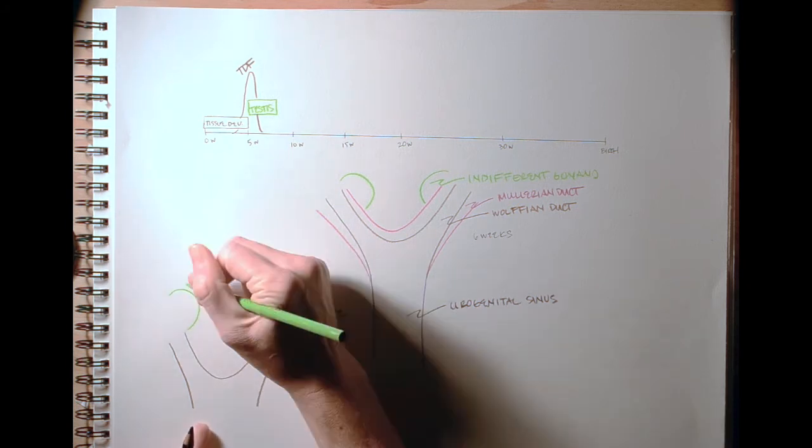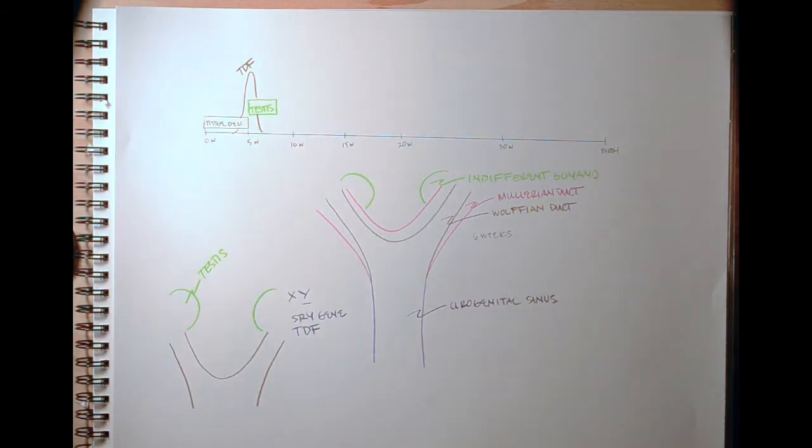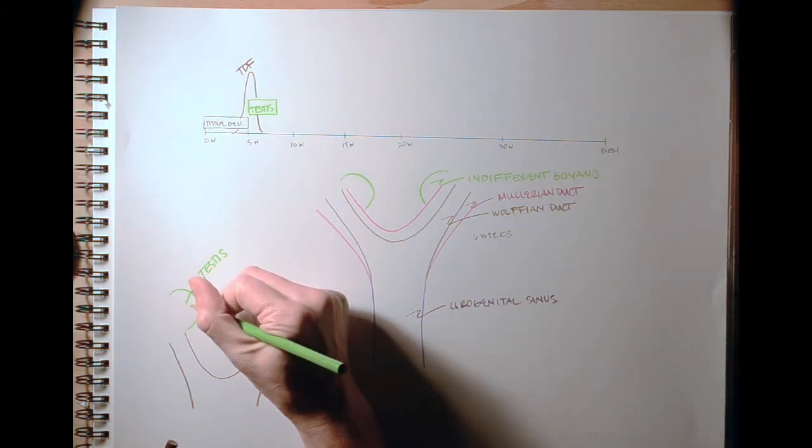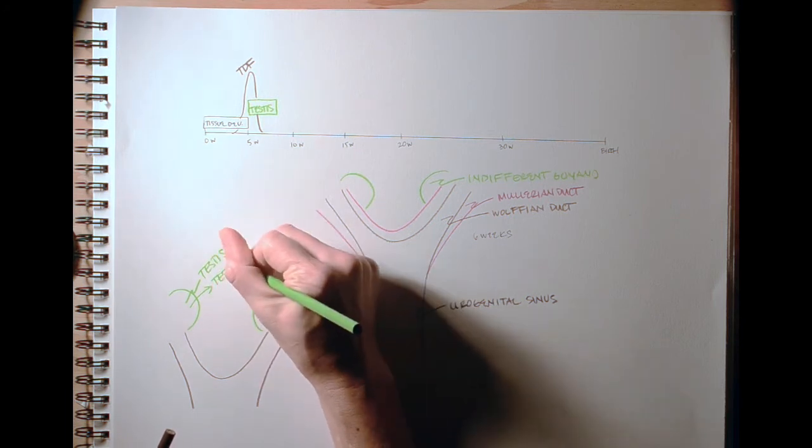And now the indifferent gonad is the testes. And one of the things, of course, that the testes will start to produce is testosterone. This is going to come from the Leydig cells.